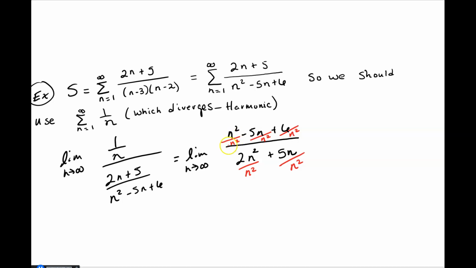So you end up here with a 1, and here you end up with a 2. As n goes to infinity, this is going to go to 0, this is going to go to 0, this is going to go to 0. So what ends up happening as n goes to infinity, you're left with 1/2, which is both positive and finite.